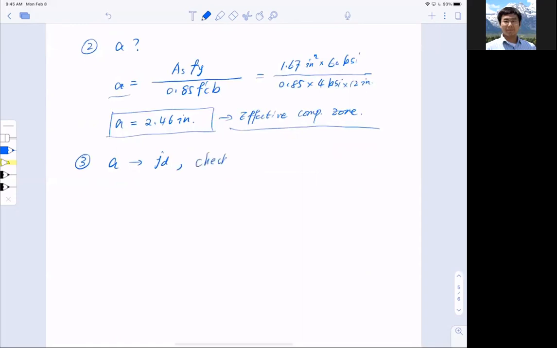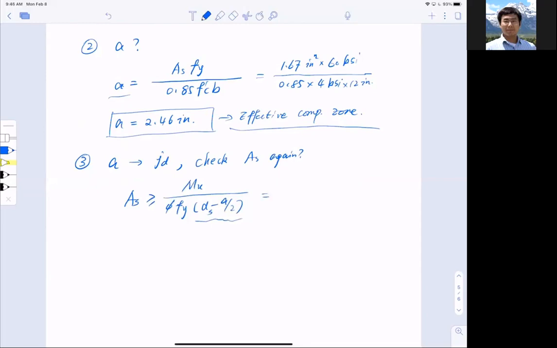Therefore, you need to check the As again, and As has to be greater than or equal to Mu divided by phi Fy times (d minus half A). Now I don't use 0.9d anymore because I have the effective compressive zone A already.